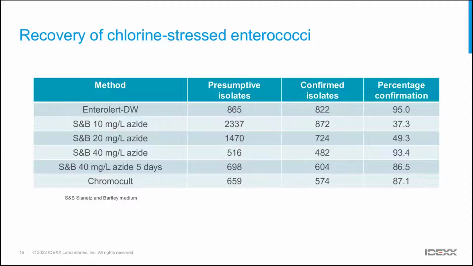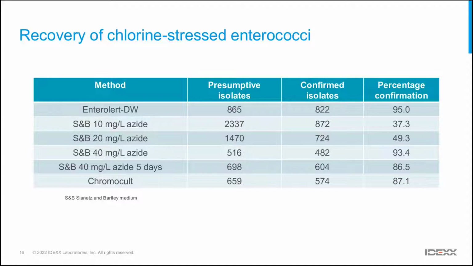When there was only 10 milligrams per liter of azide there, the number of confirmed isolates approached an increase of 80% over what was detected with 40 milligrams. And you can see also that when those Slanetz and Bartley plates were incubated, it extended incubation to 5 days, then more isolates were obtained. This indicates that the azide level is inhibiting the growth of the organisms sufficiently to slow them down, and they take longer to form colonies on the solid media.